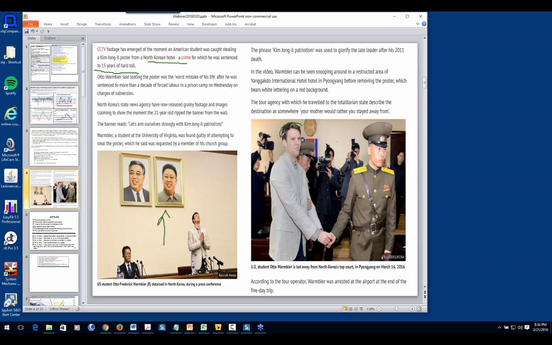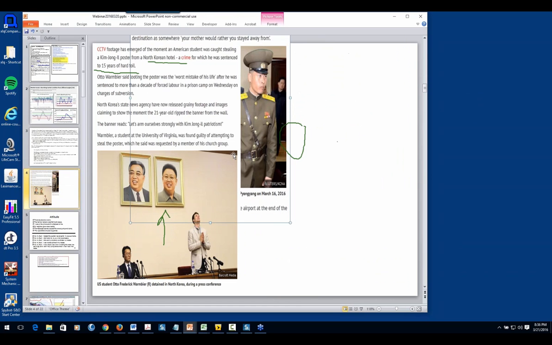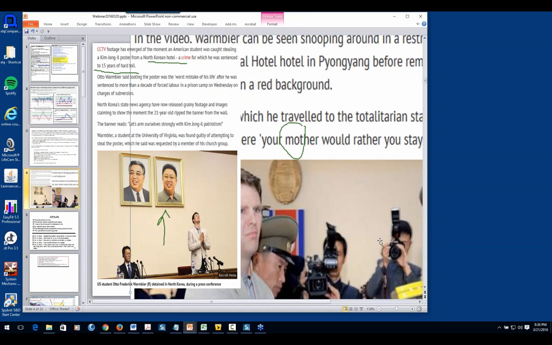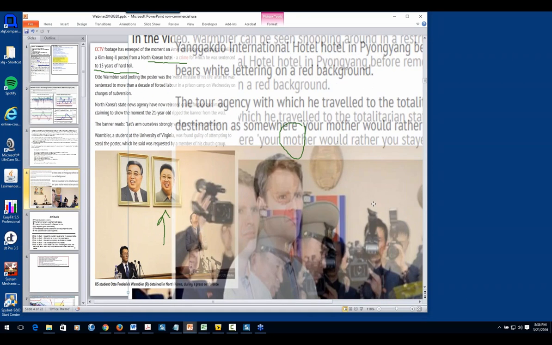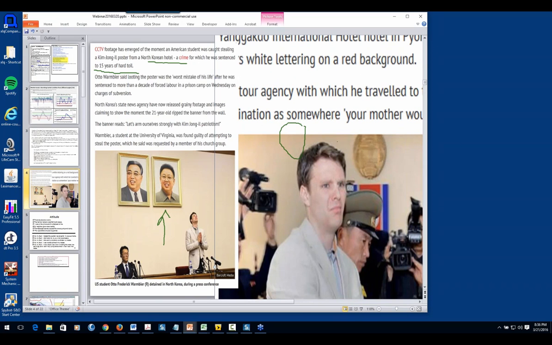And I want you to study the look on this guy's face as he thinks about what 15 years in a Korean prison with hard labor is going to look like. Not a pretty sight. That is not a happy face.